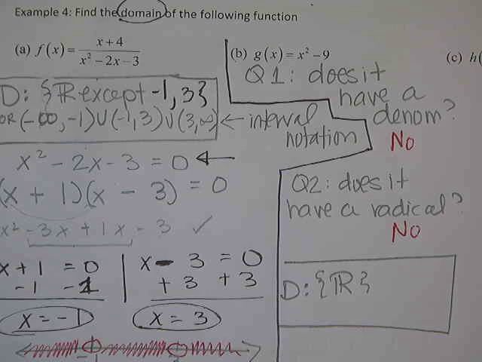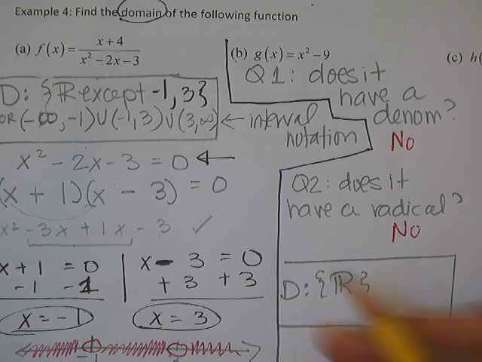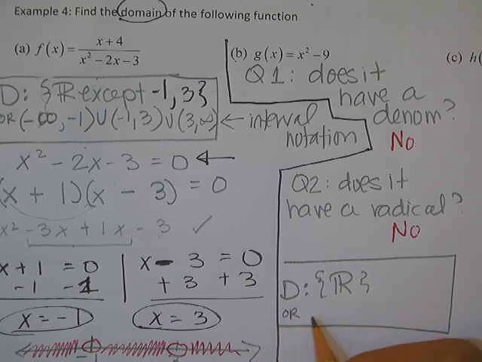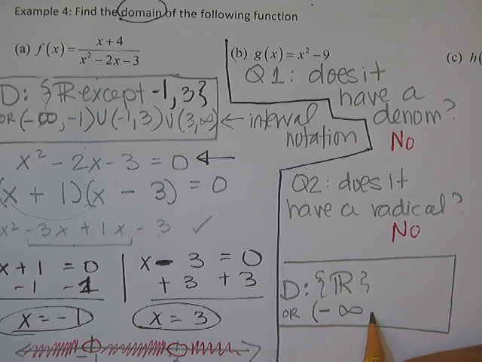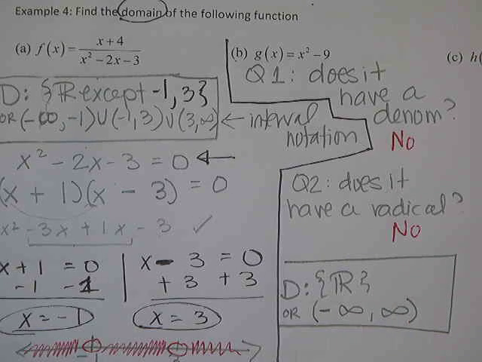Remember, the only time you need to do any math at all is when it has these two. Or interval notation, ready? All real numbers means from -infinity all the way to +infinity. So we're getting to our new notation, which is the interval notation.